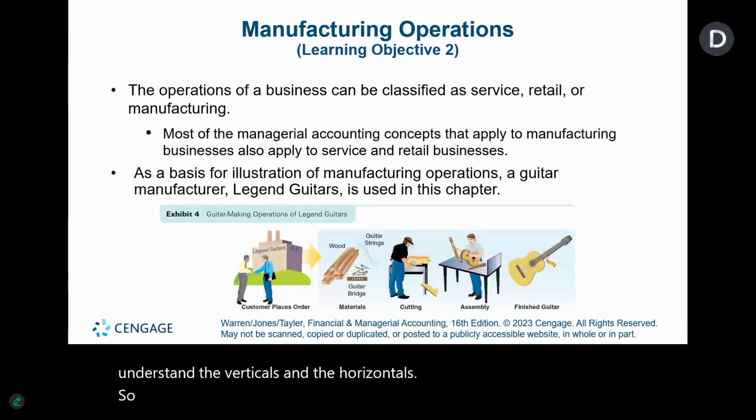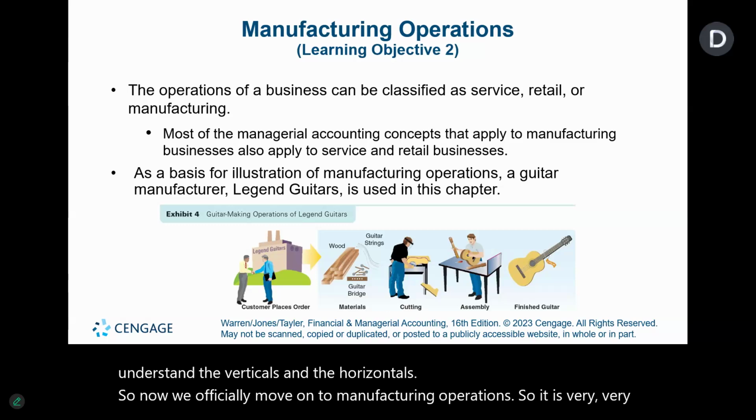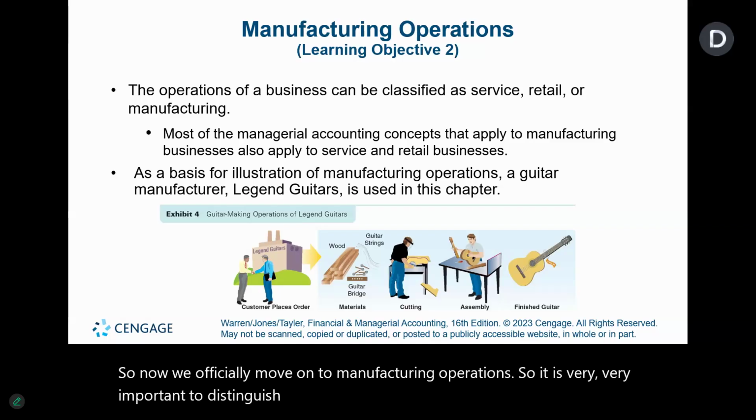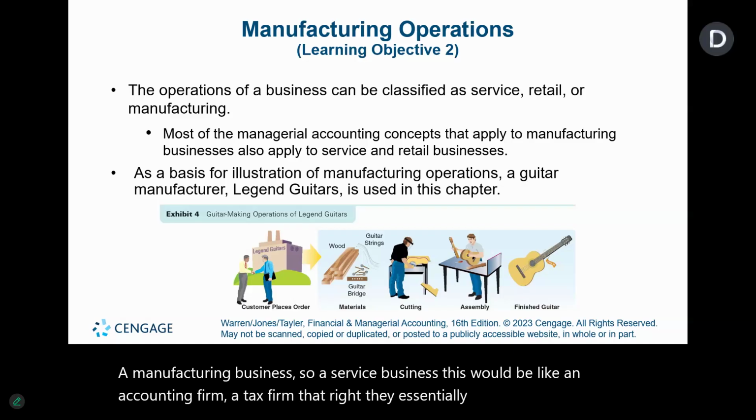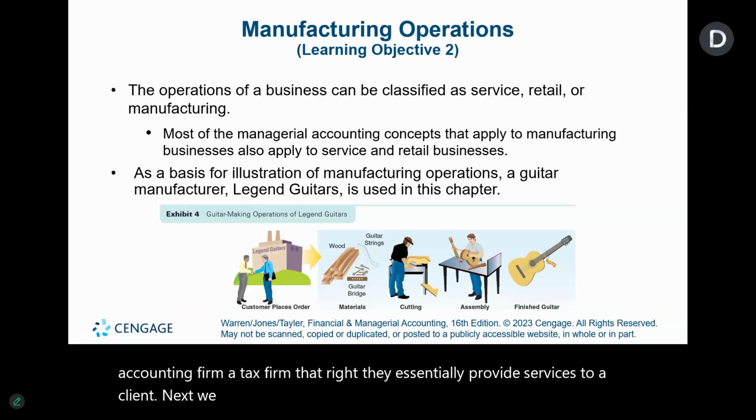So now we officially move on to manufacturing operations. It is very important to distinguish between a service business, a retail business, or a manufacturing business. A service business would be like an accounting firm or a tax firm. They essentially provide services to a client. Next, we have retail. Let's think of IKEA.